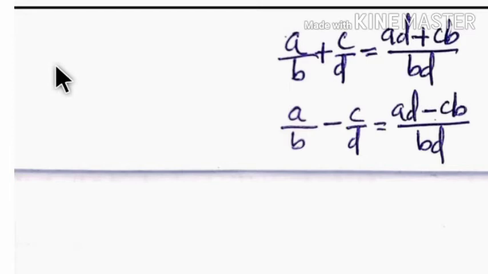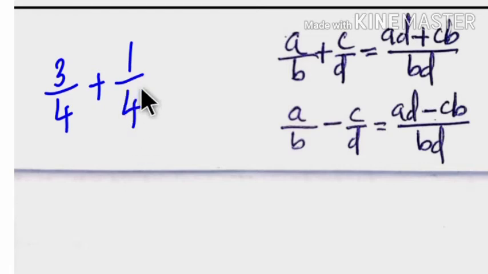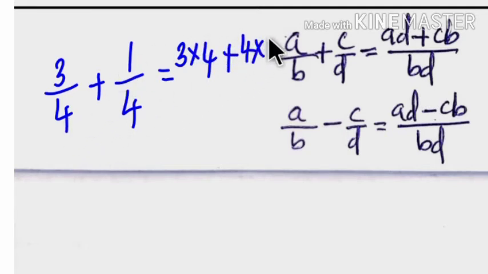Another example: 3 by 4 plus 1 by 4 is equal to, firstly 3 into 4 plus 4 into 1, divided by 4 into 4.